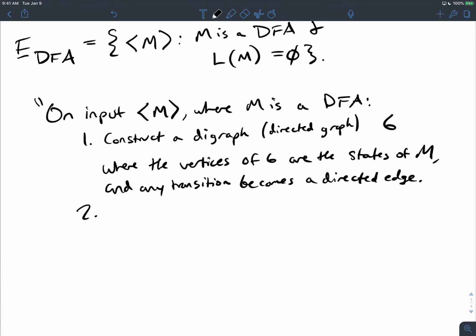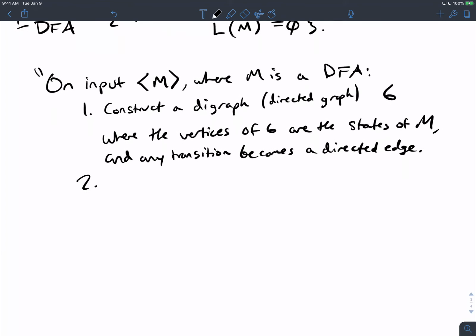Try to get to one final state. Oh, okay. So, let's see. What kind of algorithms could we use for directed graphs? We have a single source and possibly multiple destinations to go to. Well, there are two approaches we can do.